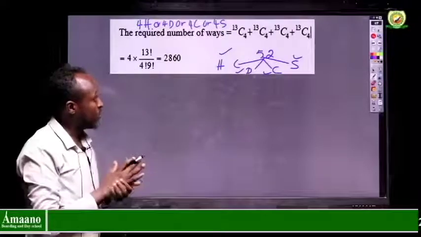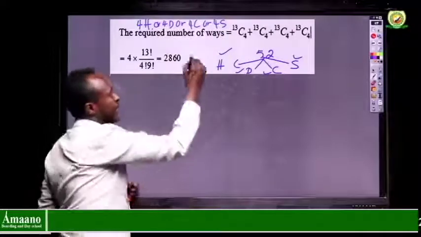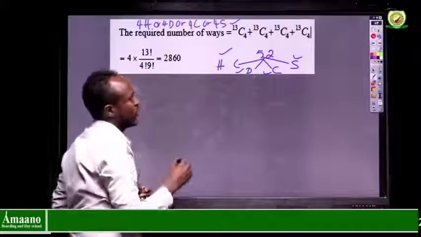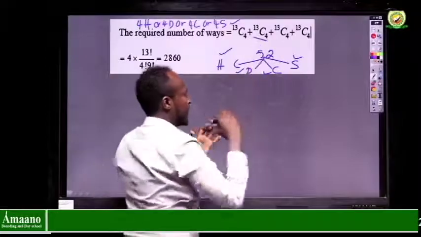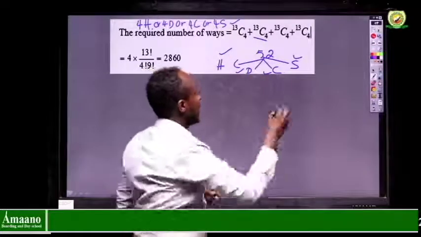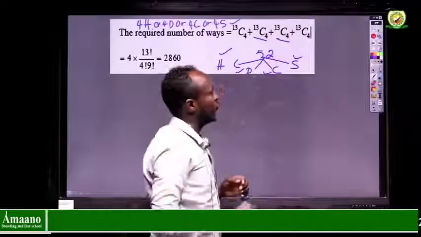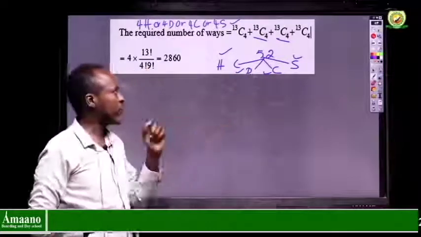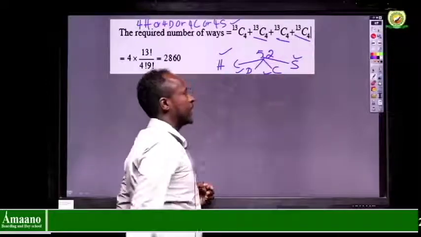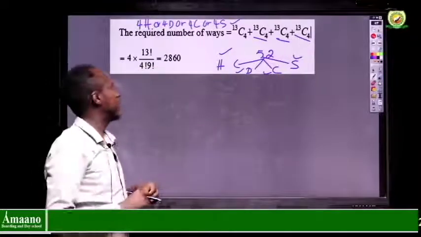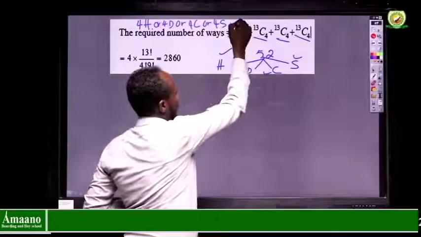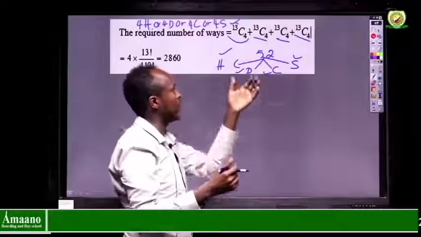In how many ways can we select 4 cards from 13 cards of hearts? 13 combination 4. Or this is the number of ways that we can select 4 cards from diamond cards, or from clubs, or from spades. Therefore, if you can calculate this one, you then multiply by 4, because we have addition.